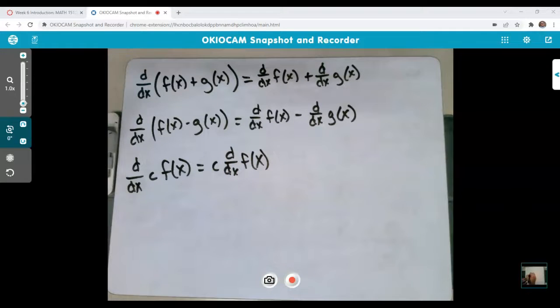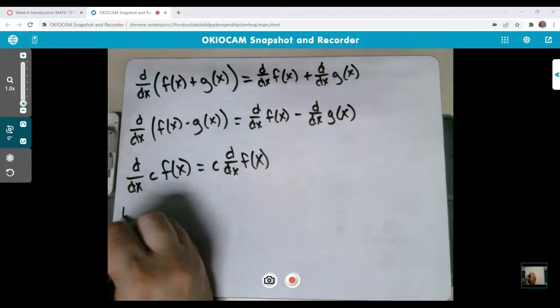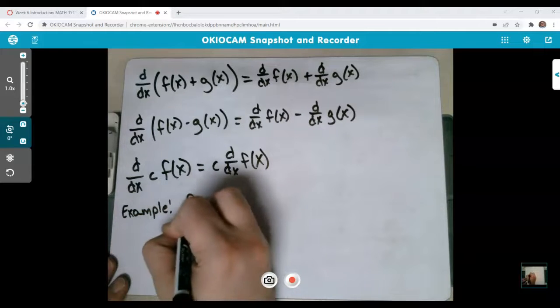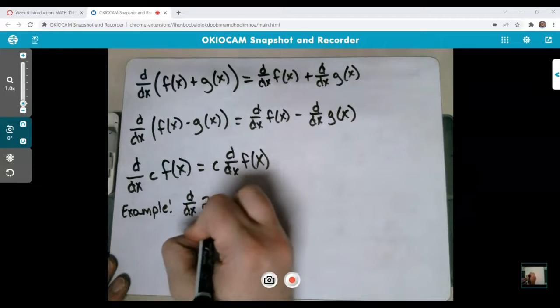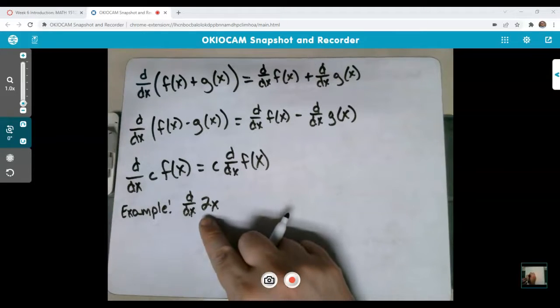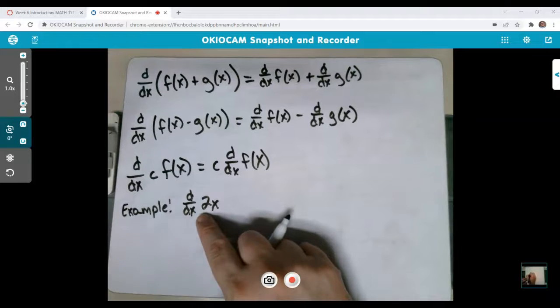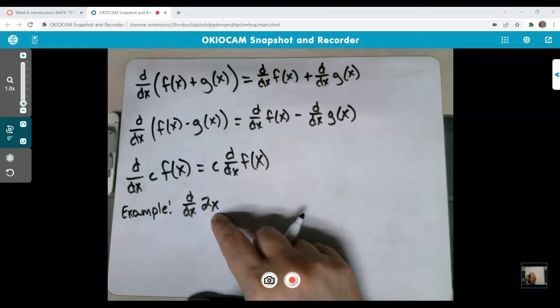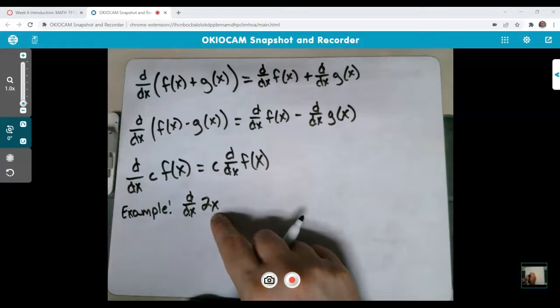So let's do some examples of using these rules here. Let's find the derivative of 2x. Notice here this is the constant 2 times an x. Well, we already know how to take the derivative of just an x, right?